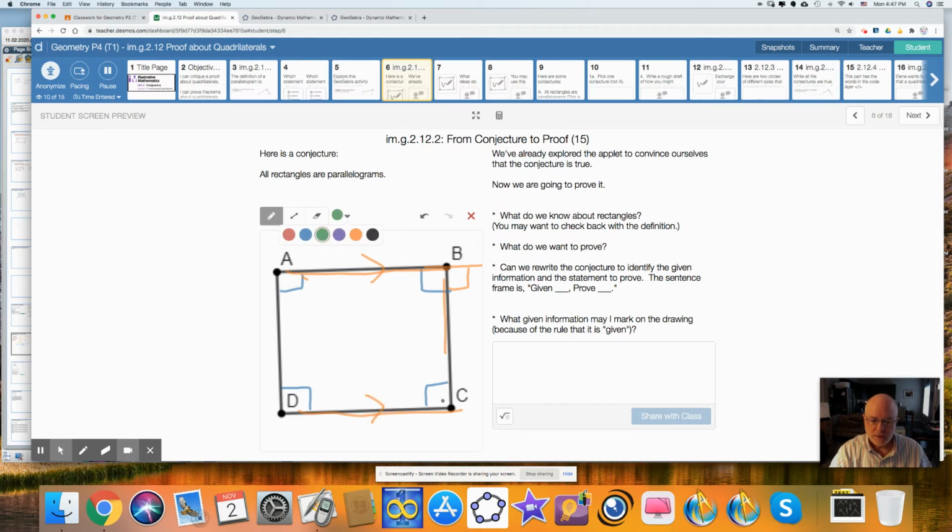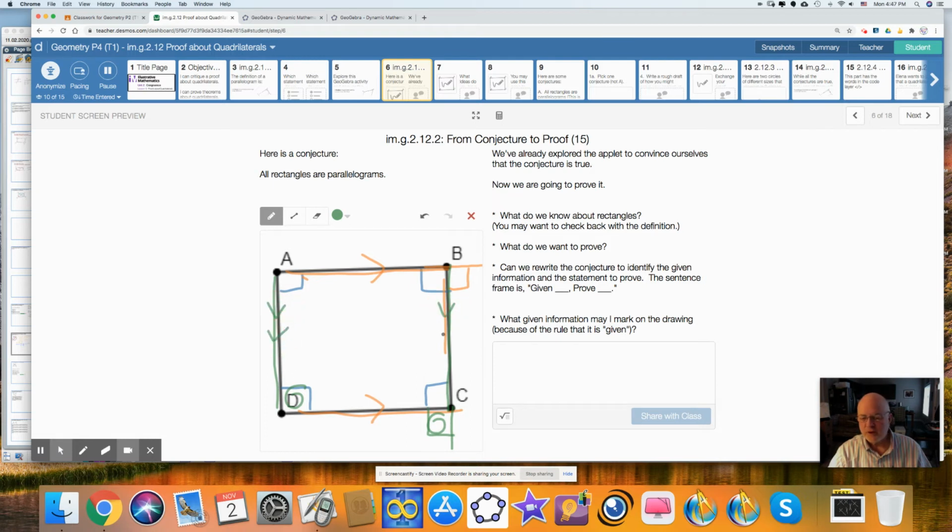I'll say it again. Here, if I extend this line, this makes a straight angle. These 2 angles have to add to 180. Since this is 90, this has to be 90. Oh, looky. This angle and this one are alternate interior angles, and they are congruent, meaning this transversal crosses lines that must be parallel by the converse alternate interior angles theorem.